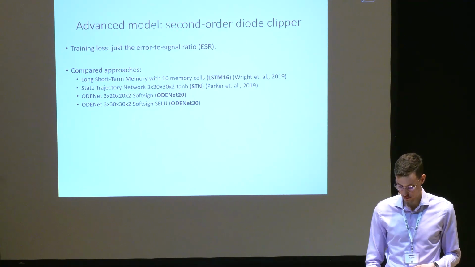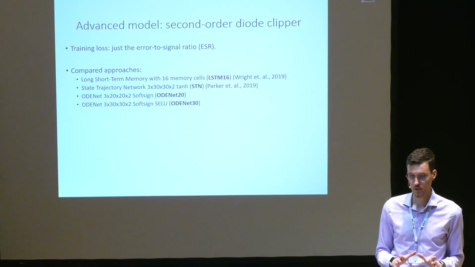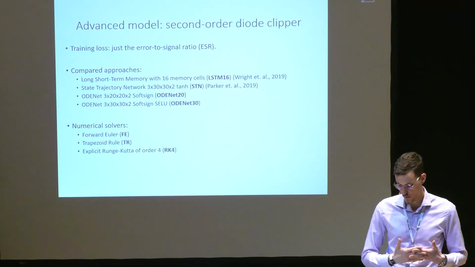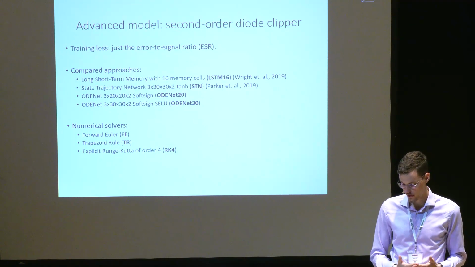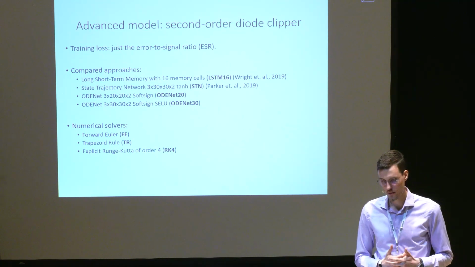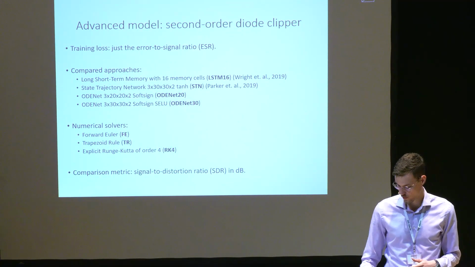And the third one, this ODEnet20, had specifically 2 times fewer parameters than all the other networks. And we also used 3 different numerical solvers, so the forward Euler, the trapezoidal rule, and the explicit Runge-Kutta of order 4. And we also use the SDR to compare these models.